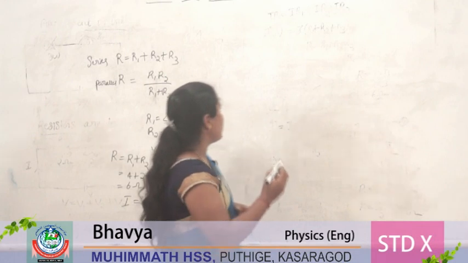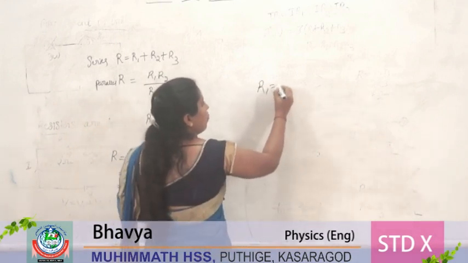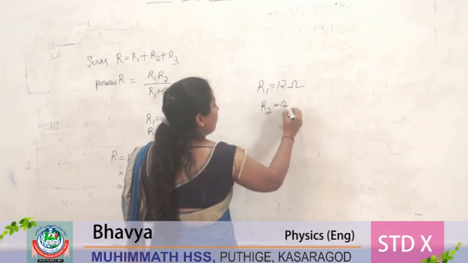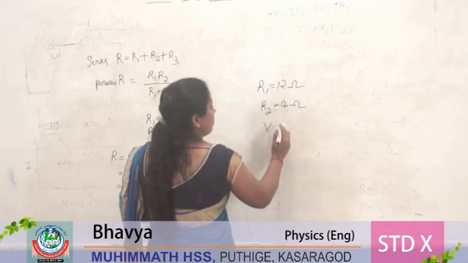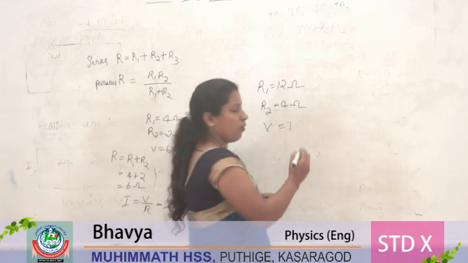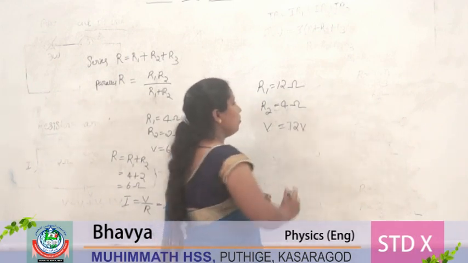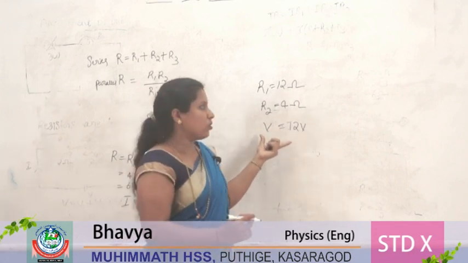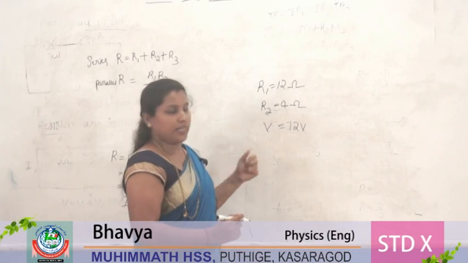So R1 how much is given there? 12 ohm, R2 4 ohm, V how much is given? 12 volt, no? 12 volt. So here it is a parallel connection, and you should calculate the current.